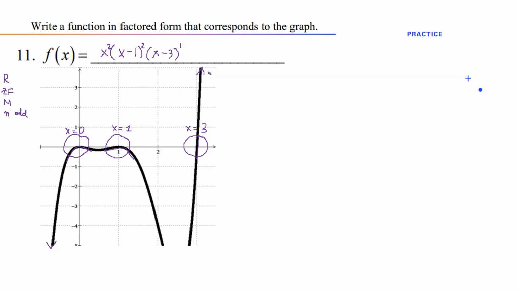The right end is up, so a is positive. So this is what's done, and also with the power of 1, we can just delete it.